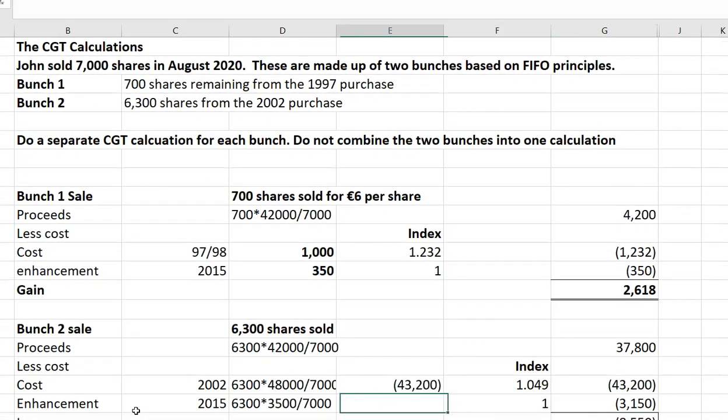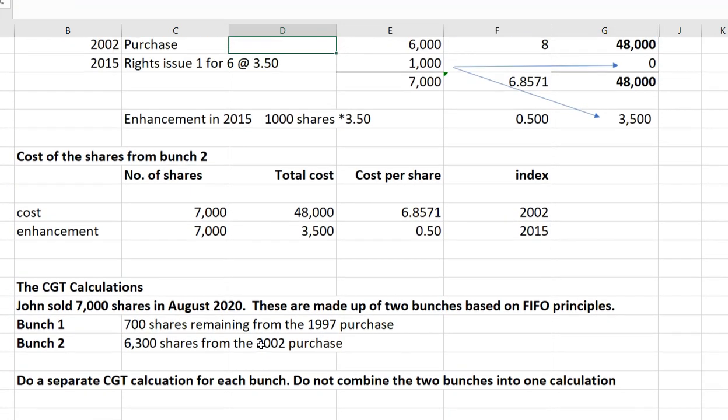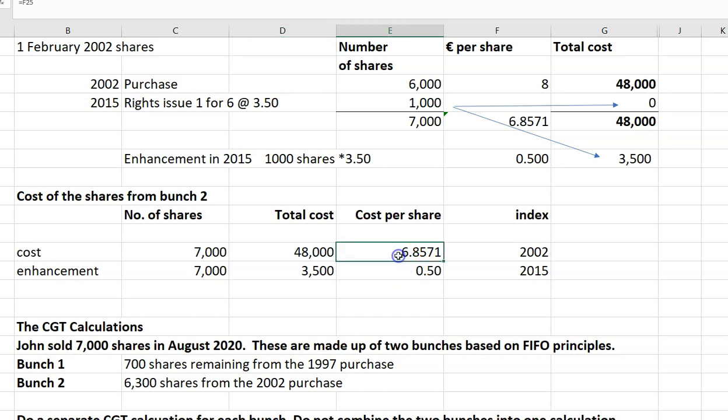Bunch 2 is 6,300 shares sold. So, 6,300 by 6 will give us 37,800. The cost then is going to be 6,300 shares multiplied by the cost per share. And you can do that by multiplying it by 6.8571 here.